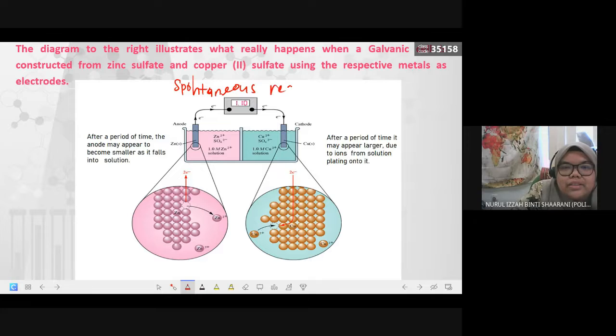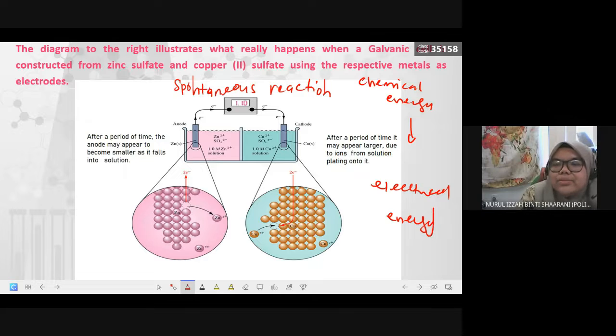So it converts chemical energy to electrical energy.